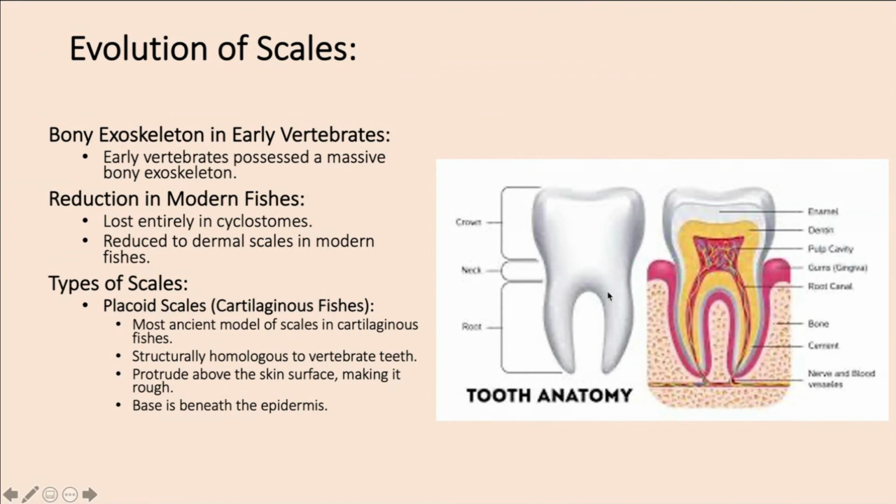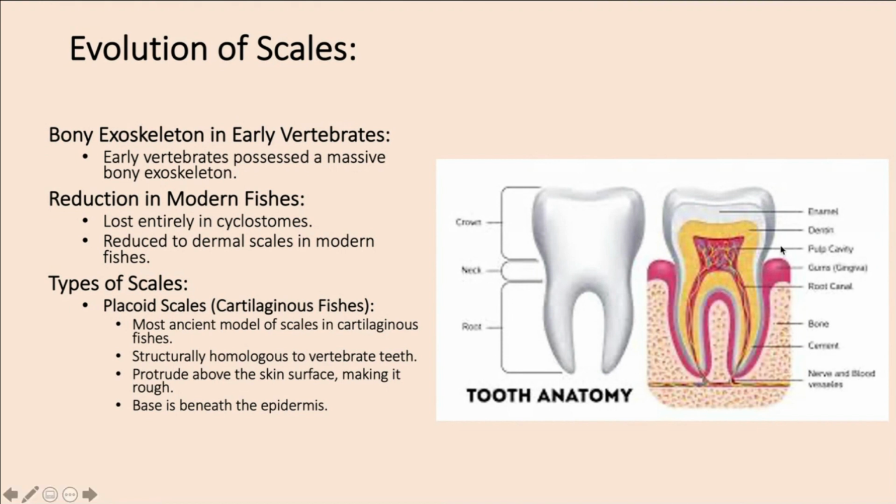And if we just look at the inside structure of the tooth, we normally have enamel on the surface, and that enamel is like that hard protective barrier. And then inside we have dentin, and dentin is a little bit softer. And then we have the pulp, and the pulp is where you have the nerves and the blood supply.